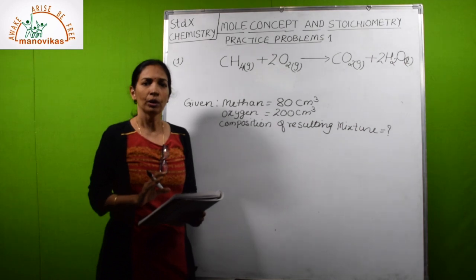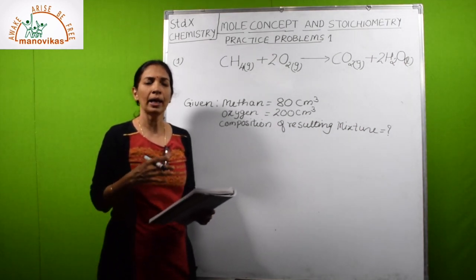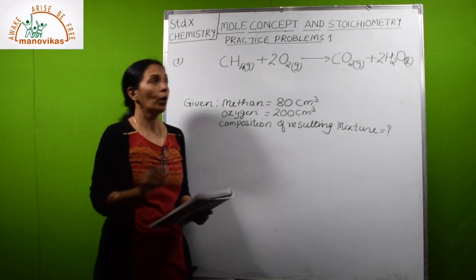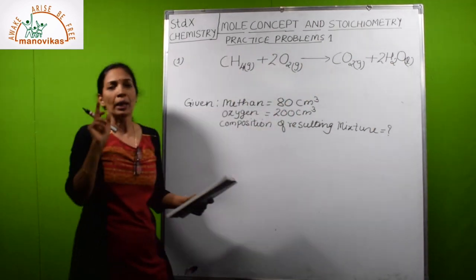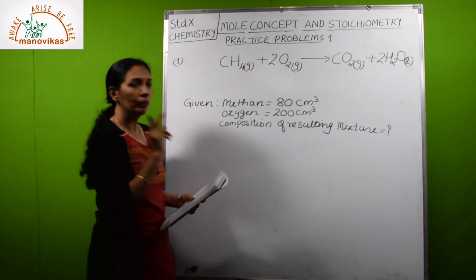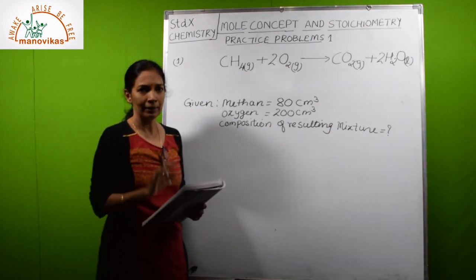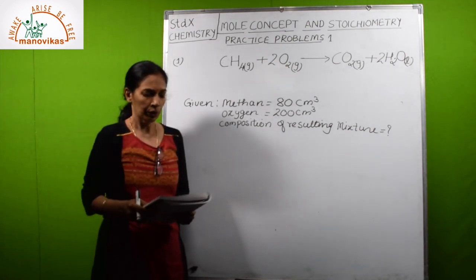In your textbook, immediately after Gay-Lussac's law, some solved examples are there, and then some questions with the heading practice problems. So it is written practice problems 1. I am solving the first one. I am not writing the word problem on the board. I will read, you all look into your textbook and then we will solve the numerical.